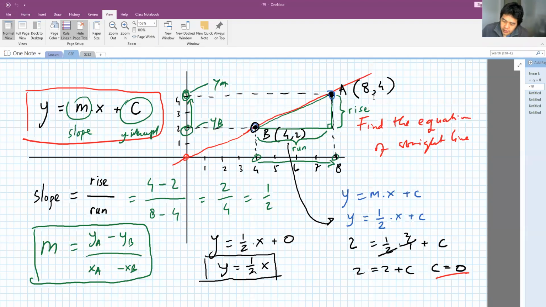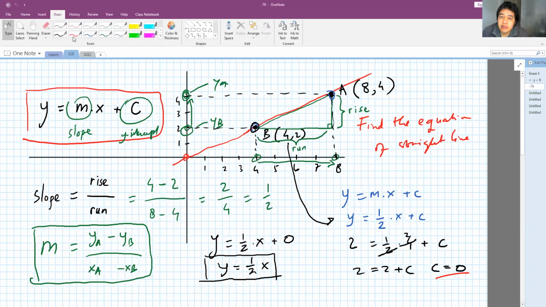Okay, so let's continue the discussion from this slide. Now, if you remember, we had 2 points A and B, and from these 2 points, we can get the equation of the straight line connecting A and B, yeah?